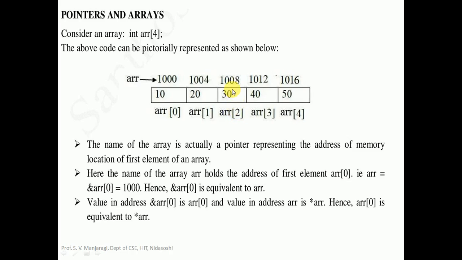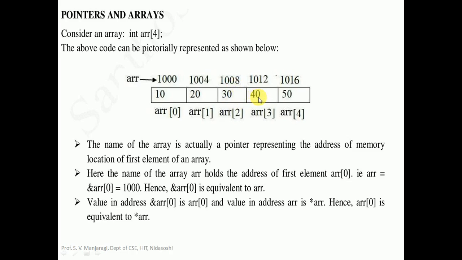The formula is base address plus array index into size of the data type. The base address is 1000, the array index is 2, and the size of integer we take as 4 bytes. So what is the value we get here? 4 into 2 is 8, 1000 plus 8, we get 1008.